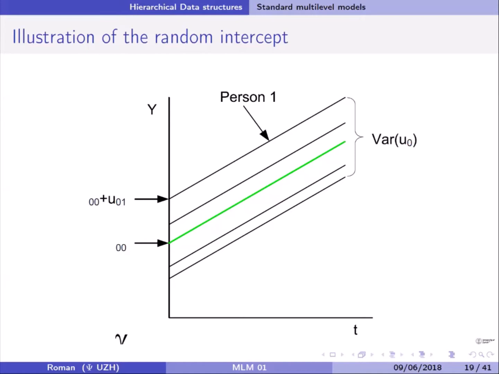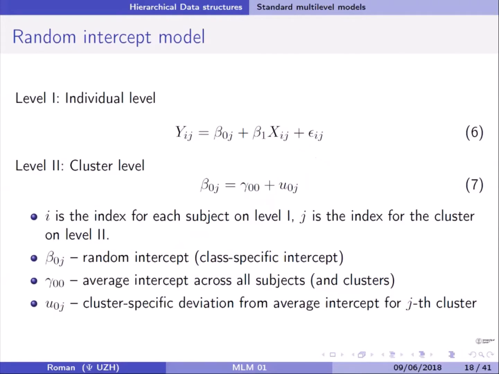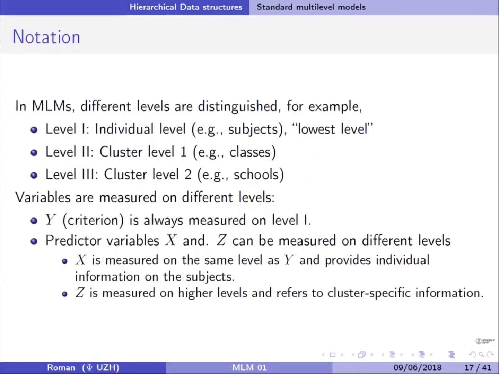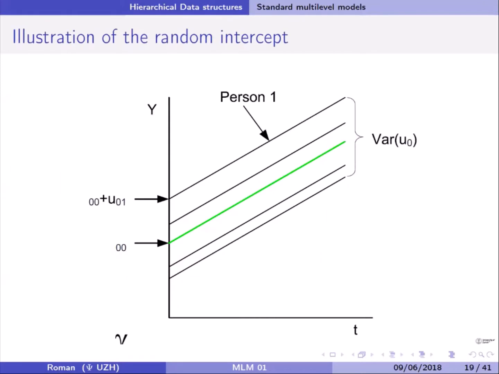Now, the variance of the differences here in these intercepts, U0, is the addition we get with the random intercept model. So, for example, if these intercepts were all very close to one another, this would be low. If the clusters all have very different intercepts, the variance U0 will be high.